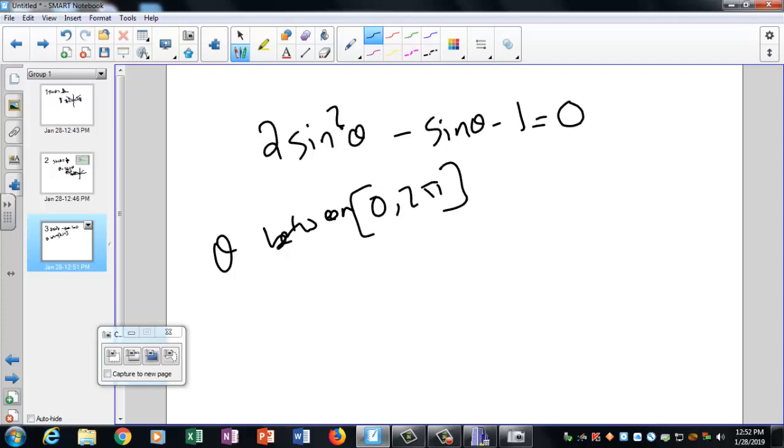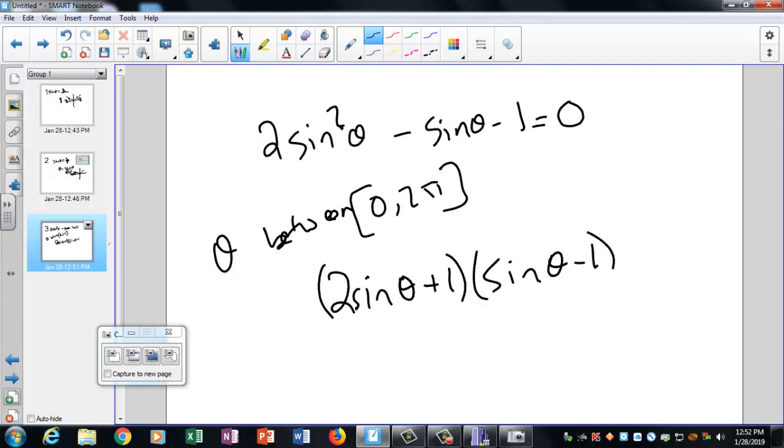The reason why it can be on the non-calculator portion is because in order to solve that, you have to factor. So this is 2 sine theta plus 1 times sine theta minus 1 is equal to 0.